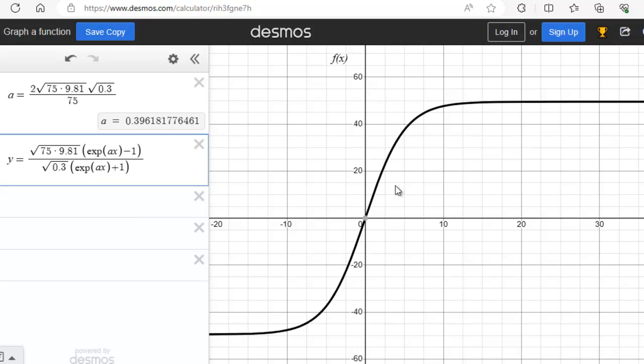But this function is great now because not only can we see the variation of the velocity, that means we can see the distance traveled. We could do numerical methods on this. We could integrate it in order to work out the area under the curve, or we could use numerical methods, which would probably be easier to do.